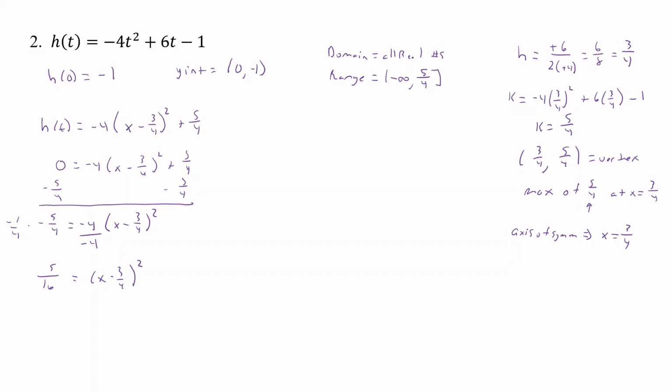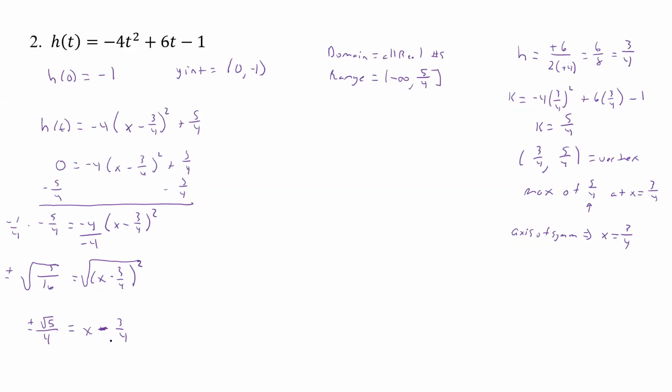Now to get rid of that squared term, what we need to do is take the square root of that. And so we take plus or minus the square root of that. Now nicely, the denominator is a perfect square. So that gives us a 4 in the denominator. Our numerator is still just the square root of 5, and it's plus or minus, and that equals x minus 3/4. Okay.